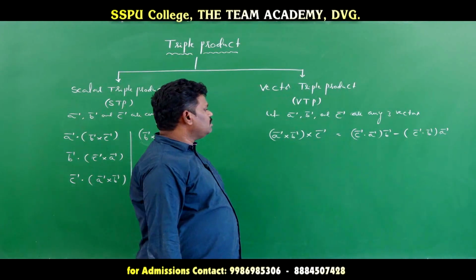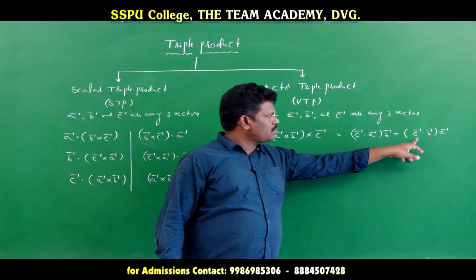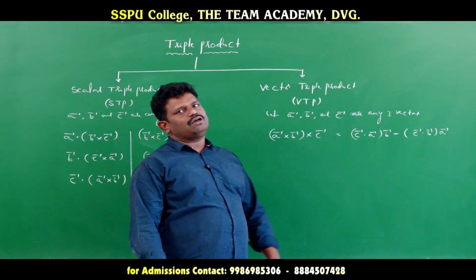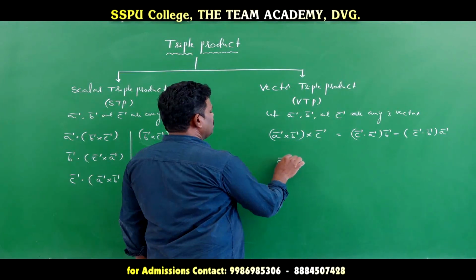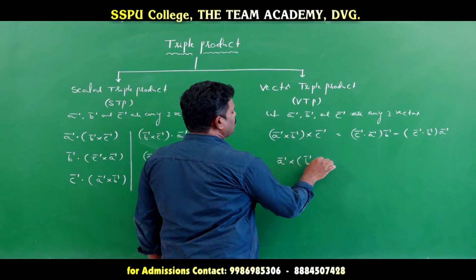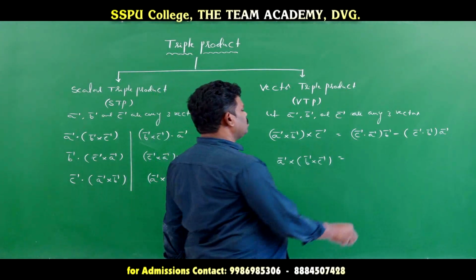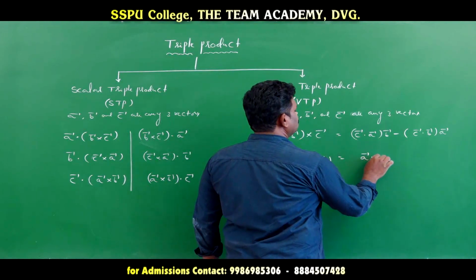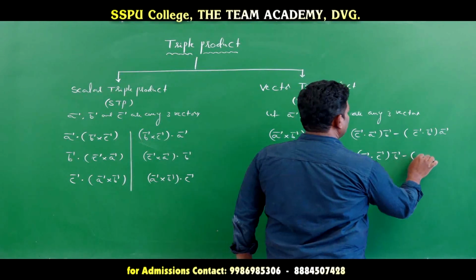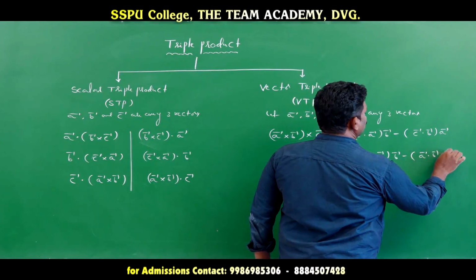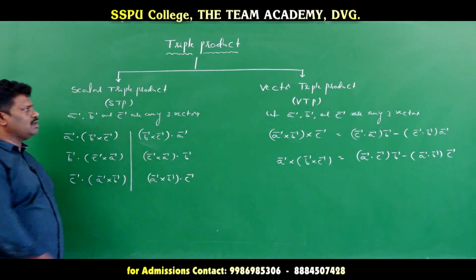Here the scalar multiplies a vector, and the difference of two vectors is also a vector, so this is the vector triple product. Similarly, for A bar cross B bar cross C bar written the other way, it is A dot C into B vector minus A dot B into C vector. So this is the vector triple product case, and the earlier one is the scalar triple product case.